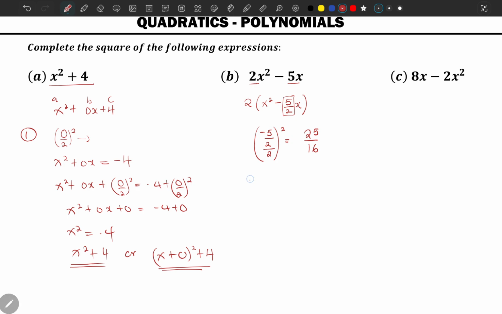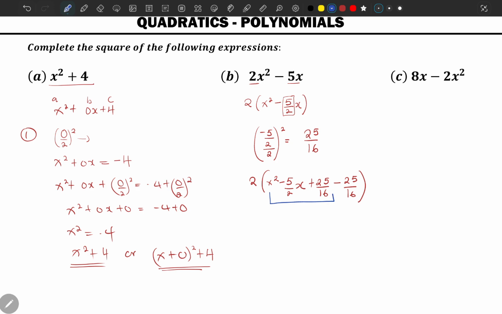So what we're having is 2, open brackets, x squared minus 5 over 2x. I'm going to add 25 over 16. I'm also going to subtract it again.